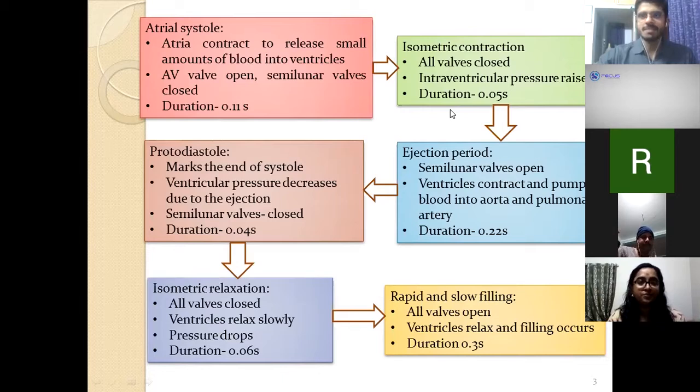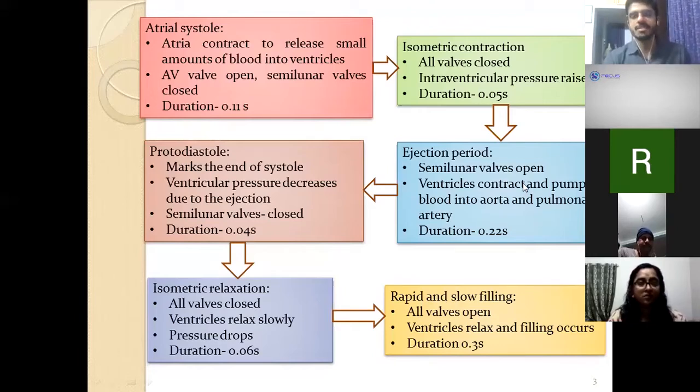Once this happens, the next stage is to remove the blood from the ventricles because the pressure has become too high. So the valves present in the blood vessels will open. That means the semilunar valves will open and the ventricles will contract and pump the blood into the aorta and the pulmonary artery.